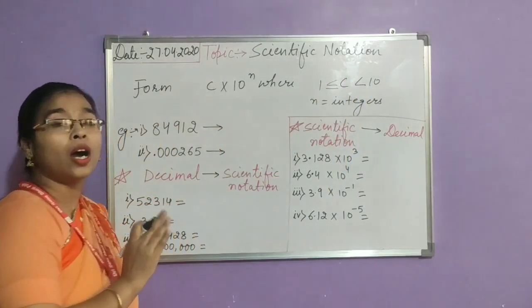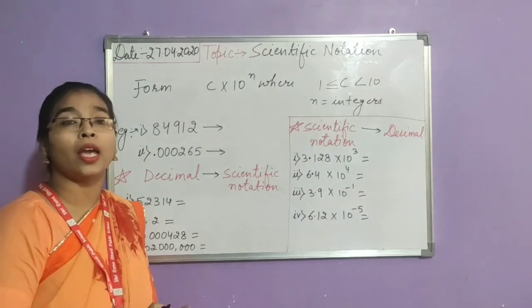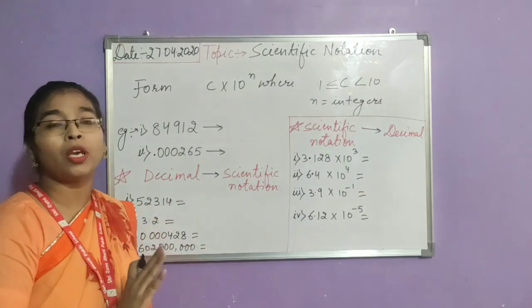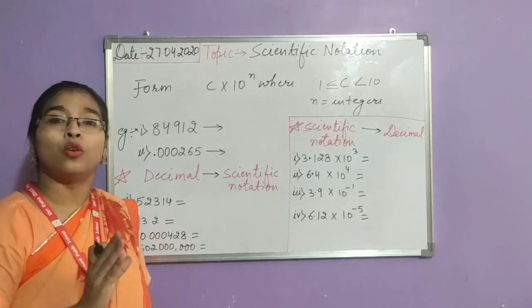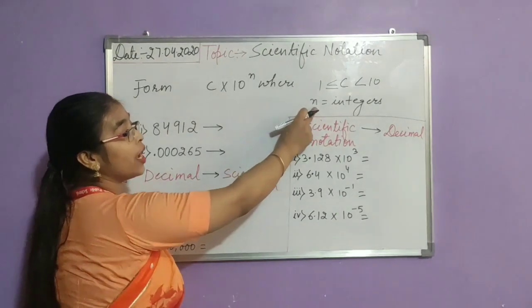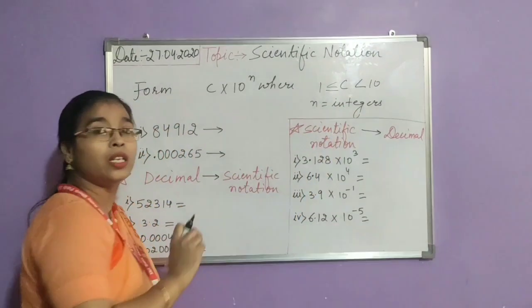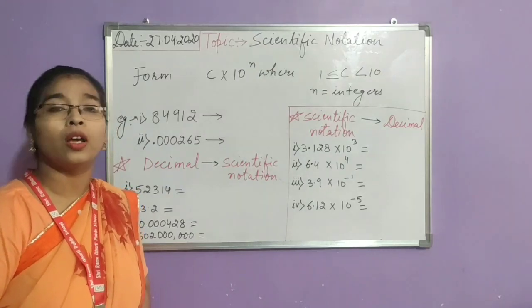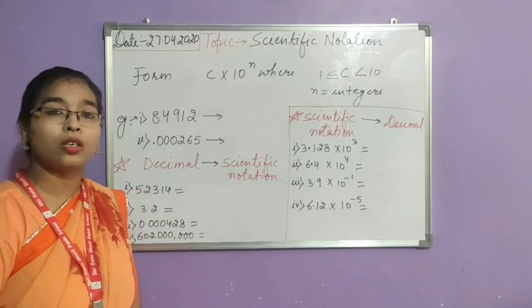It means our value of C will lie between 1 and 10. It may be equal to 1 but not greater than 10. And here n is an integer. Integers means the power can be positive, negative, or 0.